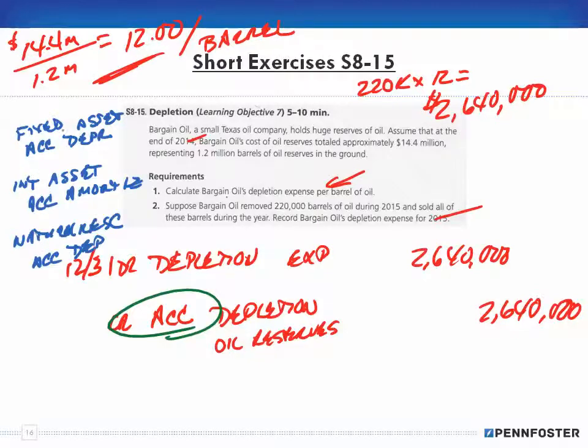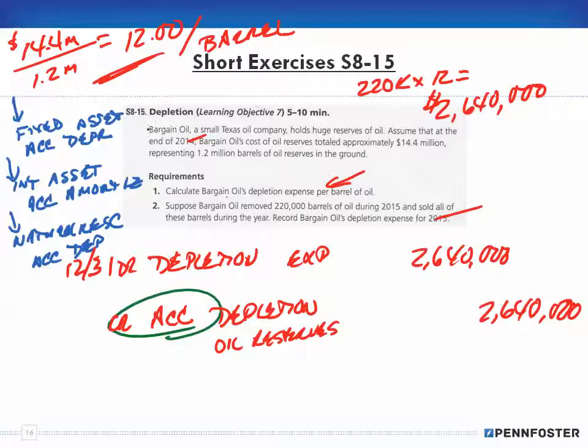I'm just using fixed asset, intangible asset, and natural resource as generalities; it doesn't matter what those particular items are, whether furniture, equipment, truck, automobile or computer equipment for fixed assets, licenses and patents for intangible assets, and gold, oil, or natural gas reserves for natural resources. It doesn't matter what type of asset it is.